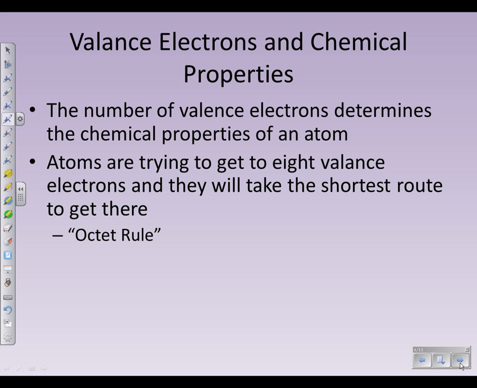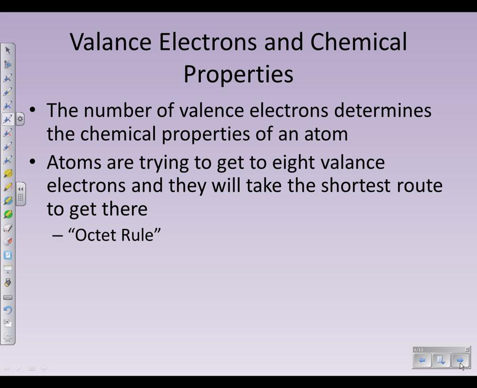Remember, the end goal is what? 8 valence electrons. That's the magic number, right? We refer to this idea as the octet rule. Right? The oct prefix meaning 8, like in an octagon or an octopus or something like that, right?